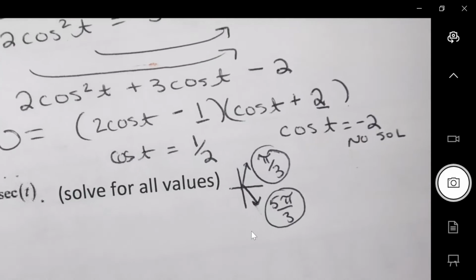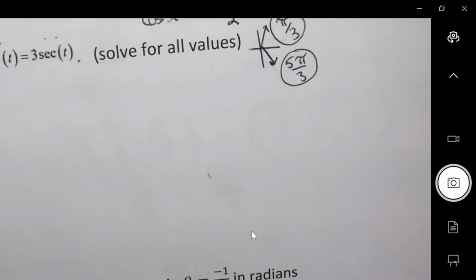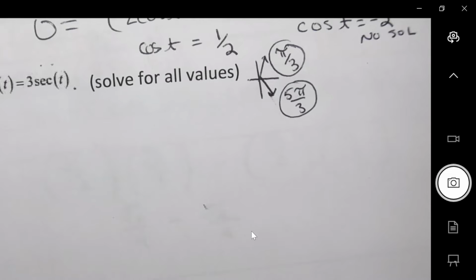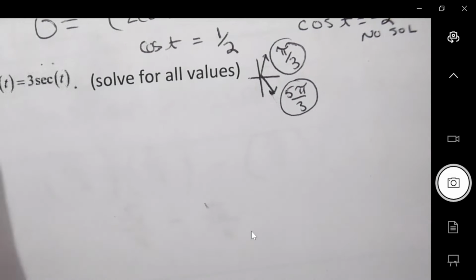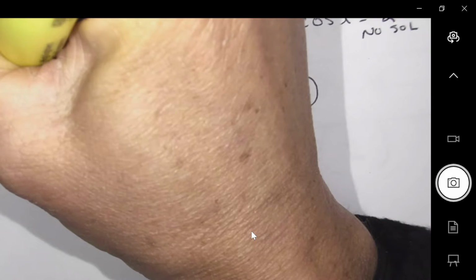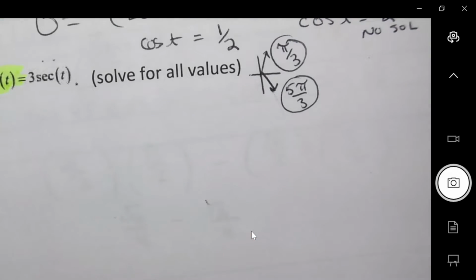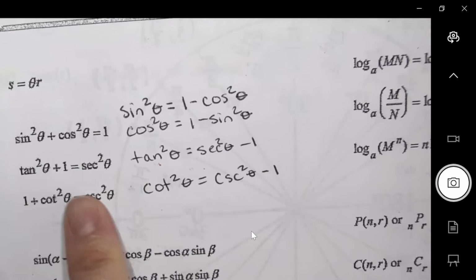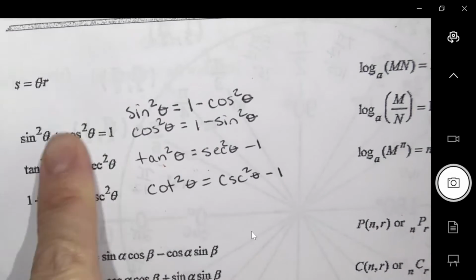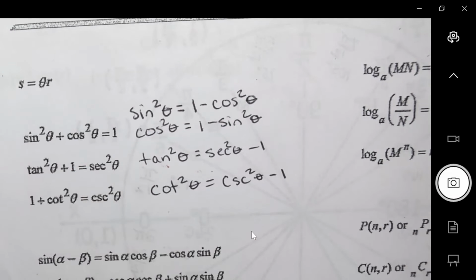Okay, last one. What do you think we would replace? The tan squared or the secant? Tan squared. By the way, usually it's the squared stuff. You're replacing the squared stuff, and this is why, because all these formulas have squareds in them.